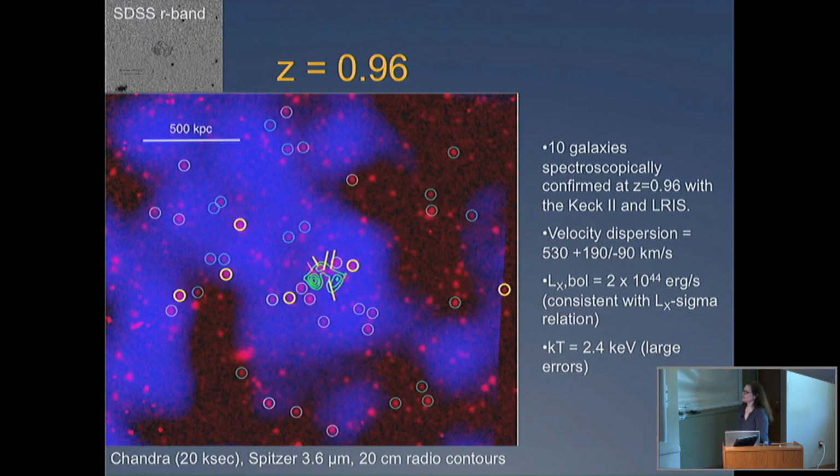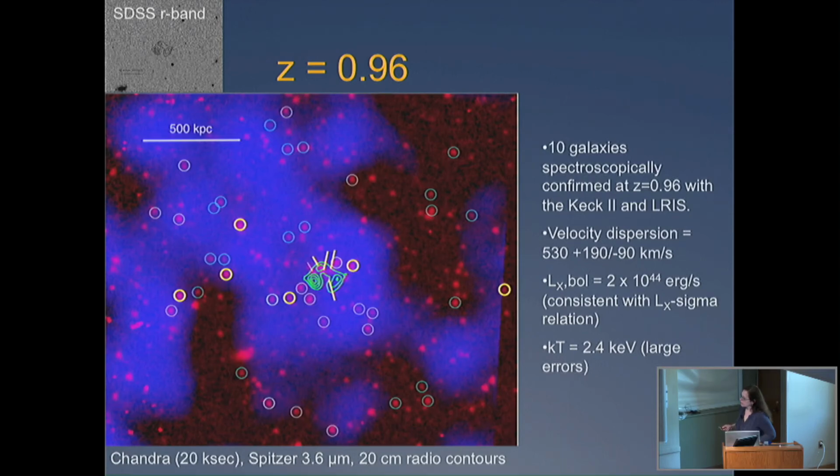Okay, so some of you have seen this image before. This is a highly smoothed Chandra image of one of these fields, but it is there significantly. This was just a 20 kilosecond observation pretty early on with Chandra, so it is detected. This is a field where we have spectra for 10 of the galaxies with Keck, so I don't know if you can really tell, but the ones that have the thicker circles, the yellow there, those are the ones that are spectroscopically confirmed.